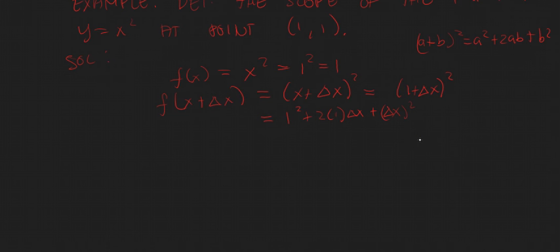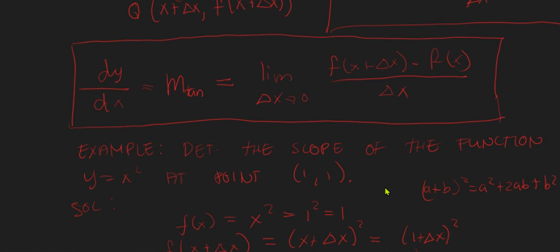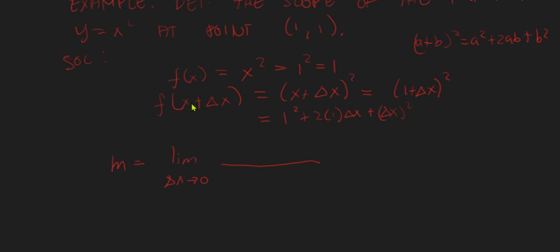So to solve for the slope, it will be equal to the limit as delta x is approaching 0. So what's the formula again? It's f of x plus delta x minus f of x, all over delta x. So what's f of x plus delta x? This one. So we have 1 plus 2 delta x plus delta x squared.